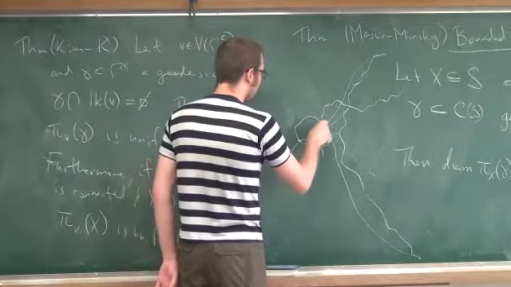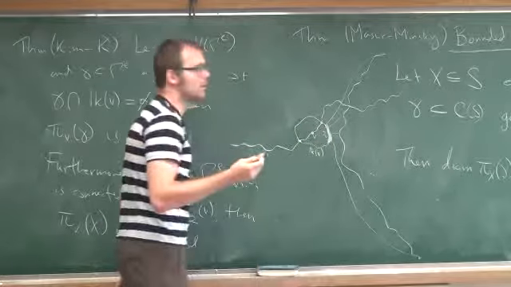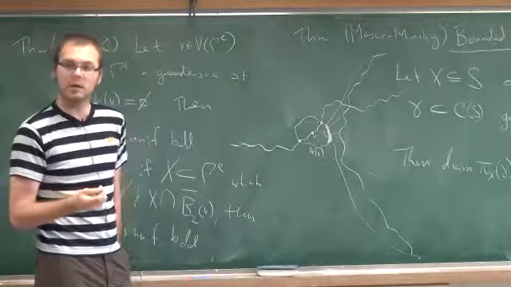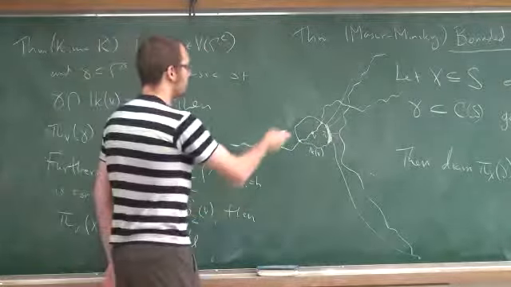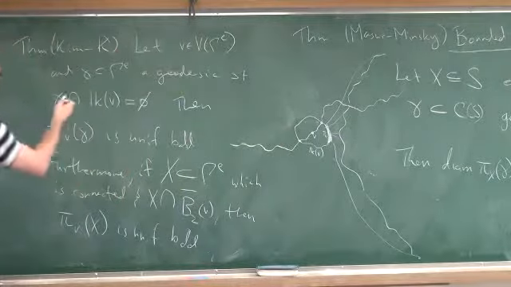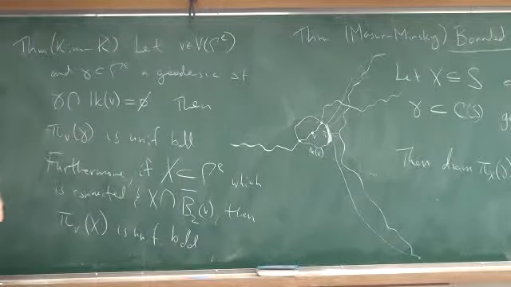And so the distance between these points can be arbitrarily big. That's why one needs this assumption that gamma avoids the link of V, because otherwise the theorem would be incorrect.